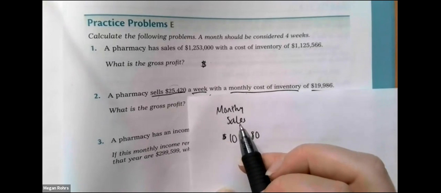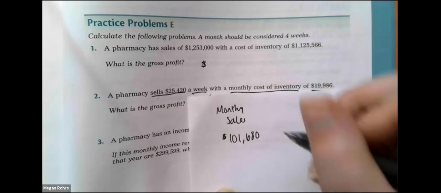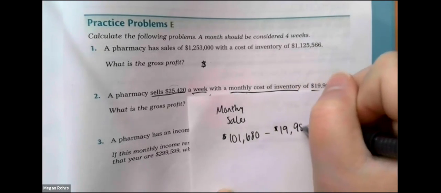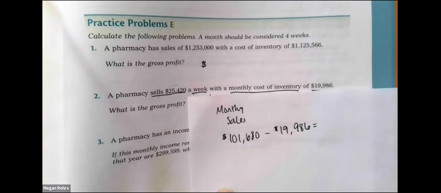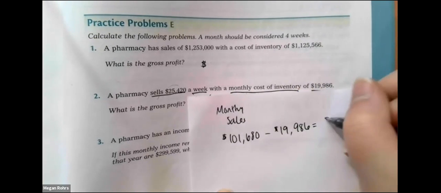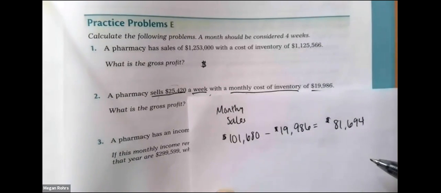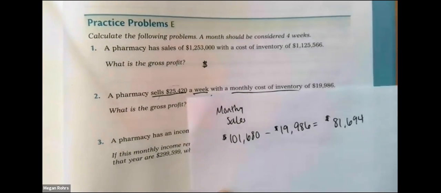So remember, sales minus inventory. So we're going to subtract out 19,986. And I am left with 81,694 as my gross profit. So once again, don't include any other expenses in our gross profit calculations.